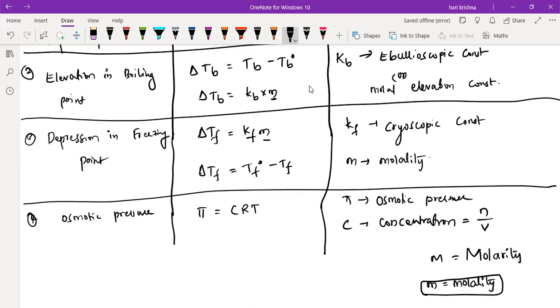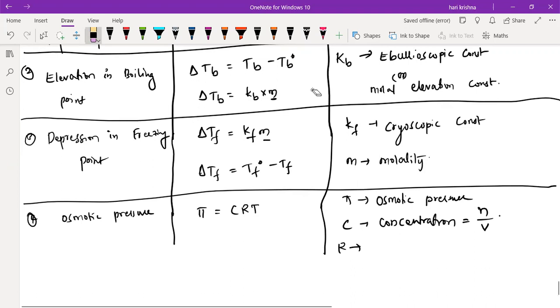Number of moles of solute present in the volume of solution, so n by V. R is the universal gas constant, and T is the temperature in Kelvin.